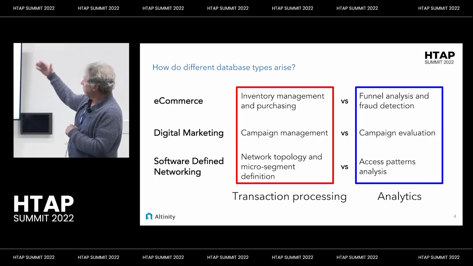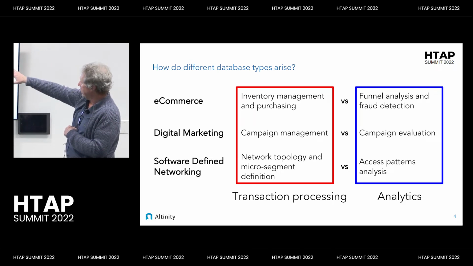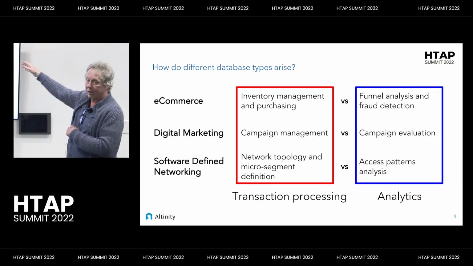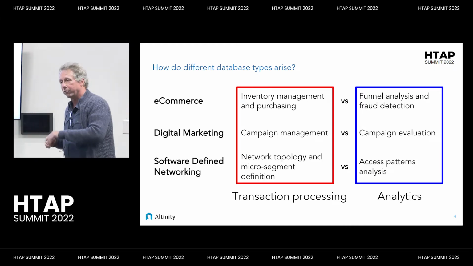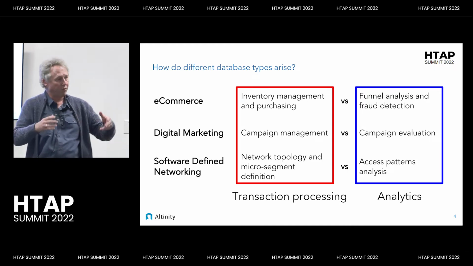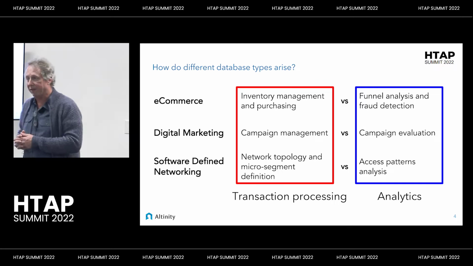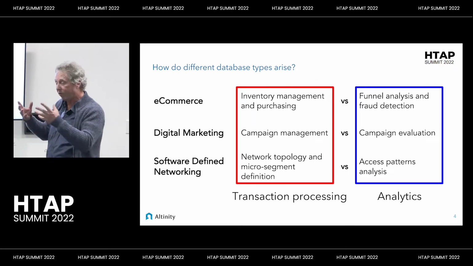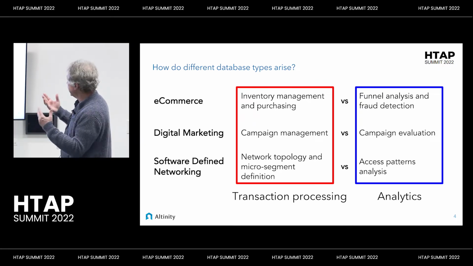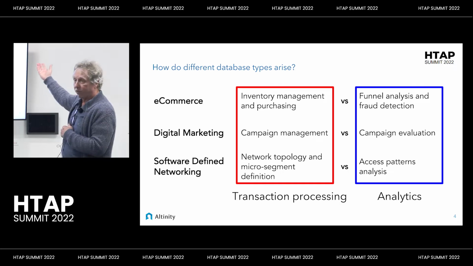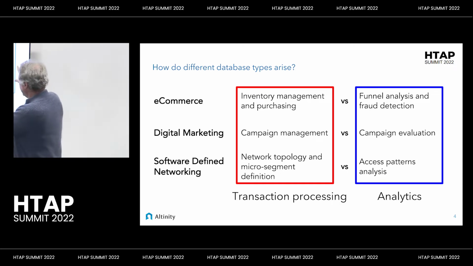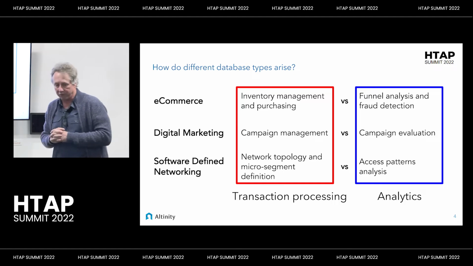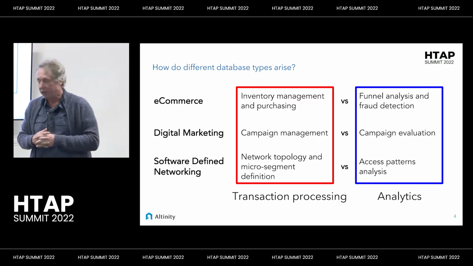And so at the same time, in addition to the transaction processing, you'll do things like funnel analysis to figure out how people are flowing through your site, at what point they are dropping out of potential transactions, and what you can do to tweak it to raise their interest. And of course, you're doing things like looking for fraud. These are two really different patterns of use of the database, as we well know.